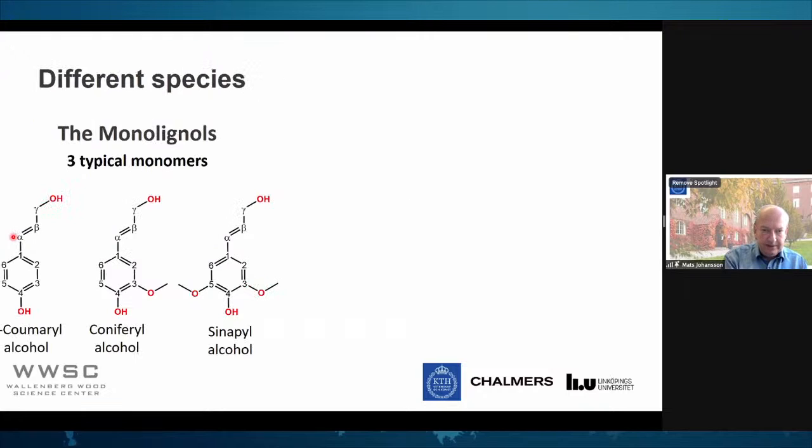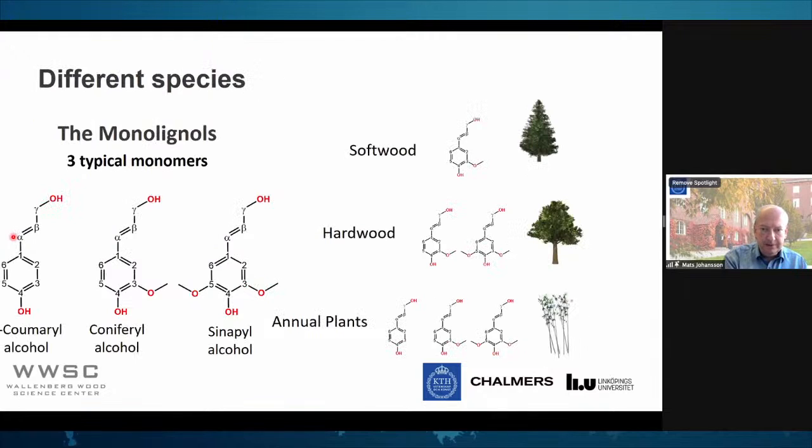The lignins, as I said, depend very much on the starting material. You have the typical monolignols, coumaryl, coniferyl, and sinapyl structures. They are combined in the lignin with different types of linkages, but they are also present in different amounts in different sources. So already here you have a significant number of possibilities of different materials.